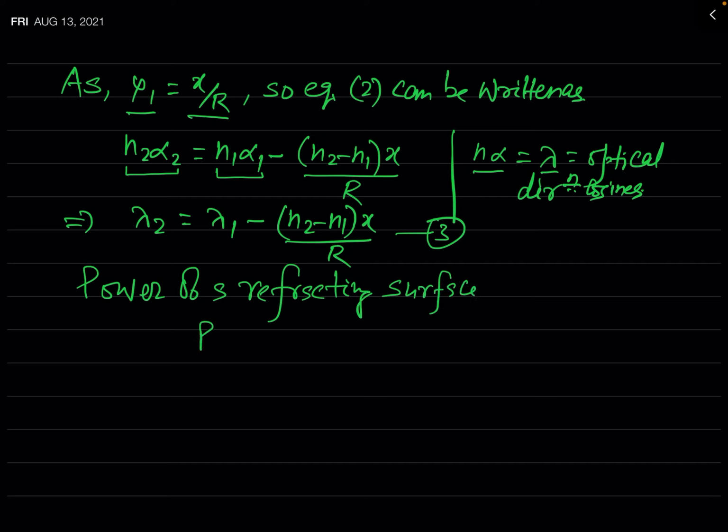This is denoted by the symbol P, and this P is defined as N2 minus N1 over R. So you can use this result in this equation 3. After using this result, you can see lambda 2 is equal to lambda 1 minus Px, and say this is equation 4.